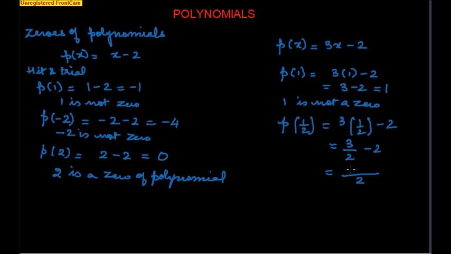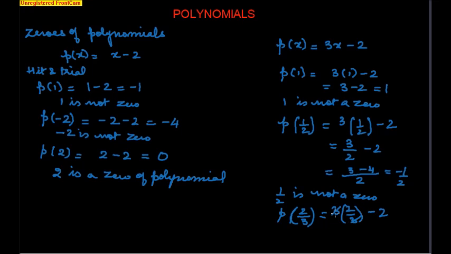I take the LCM and I get minus 1 by 2, which again shows that 1 by 2 is not a zero. We'll take another example, x as 2 by 3. Please see, I cancel this 3 and I get 2 minus 2 equal to 0, which shows that 2 by 3 is a zero.